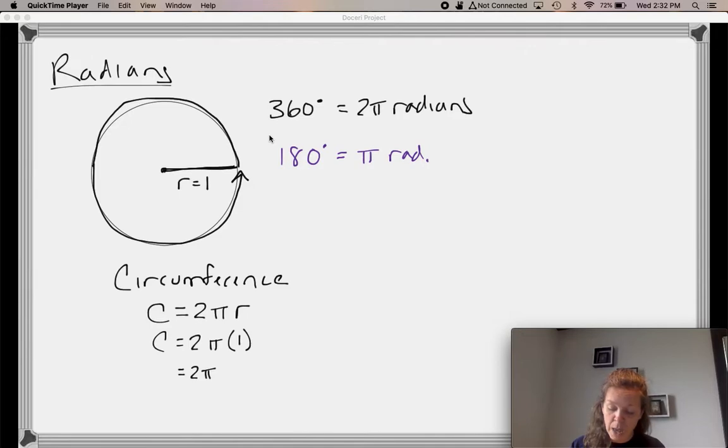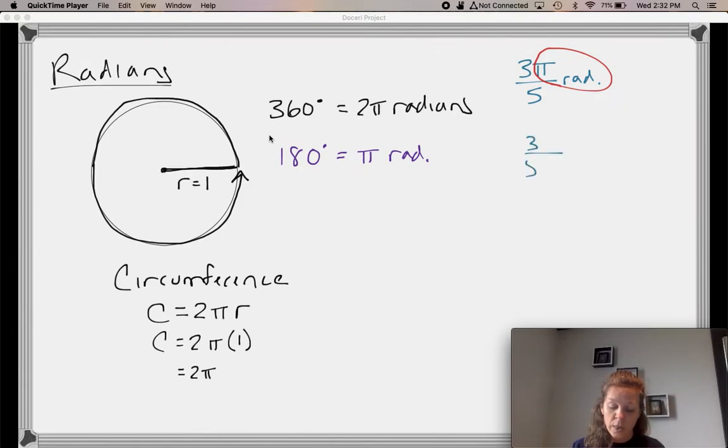In our problems today, we are going to be converting between one and the other. Let's say that I have 3 pi over 5 radians, and I want to switch that into degrees. To do this, I'm going to take those pi radians and substitute or swap out what I know they are equal to in degrees.